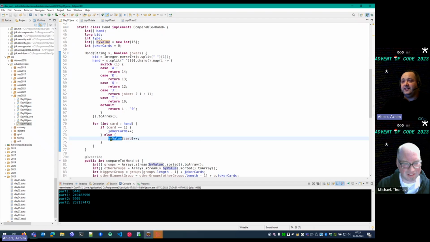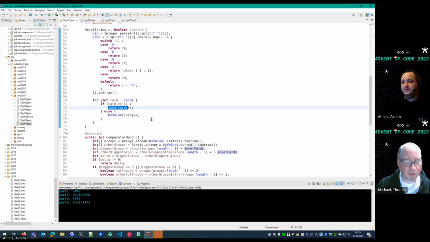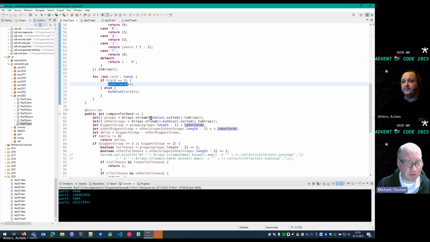So if I have 3 cards of the same value, byValue would output for that value the number 3. But the joker cards I put on a different stack because they augment the biggest group. Yeah, but this is for part 2.